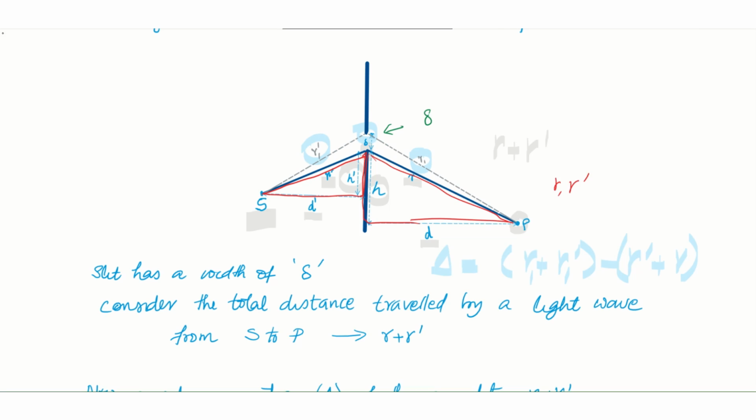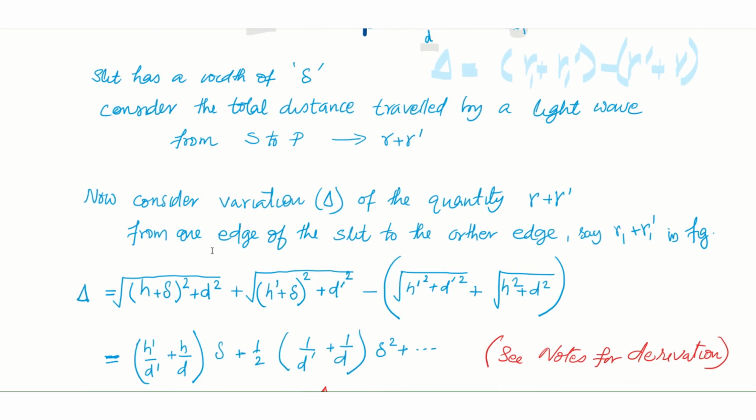Now we can use another two triangles, like this one for r1 prime and this triangle here for r1.